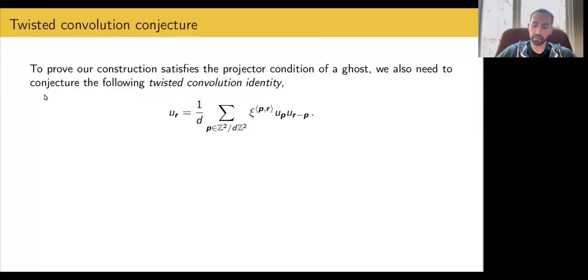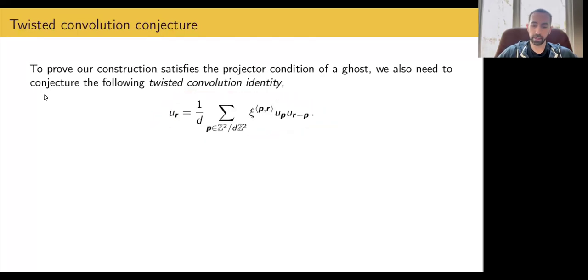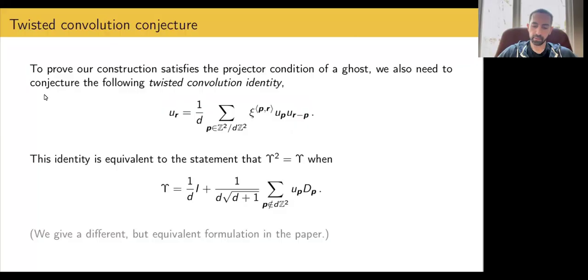And we postulate that these U sub p's, these Stark units, satisfy this thing we call the twisted convolution identity. So the twisted convolution conjecture says this identity is true. And this is equivalent to, we have a very different formulation in the paper for various reasons. But this basically boils down to the statement that you take that formula for upsilon, you square it, set it equal to itself, and follow your nose, and you'll derive this equation.